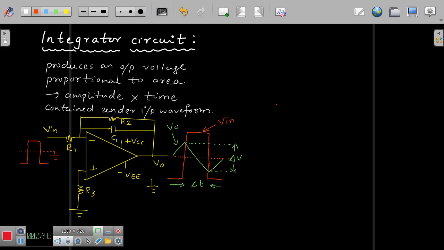All of you please note down this diagram carefully, properly. The integrator produces an output voltage proportional to the area contained under the input waveform, which of course is the amplitude into time of the input signal, right?